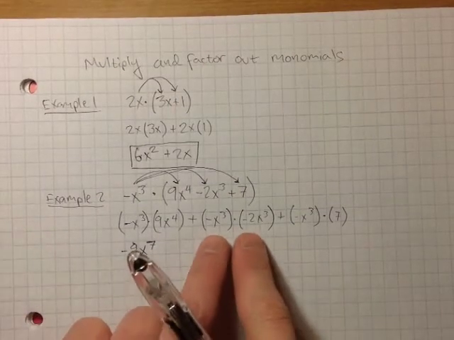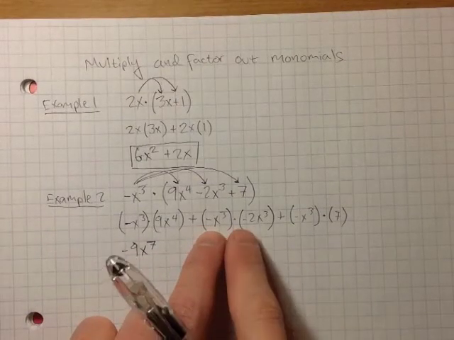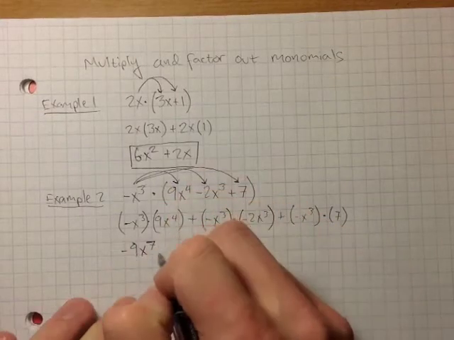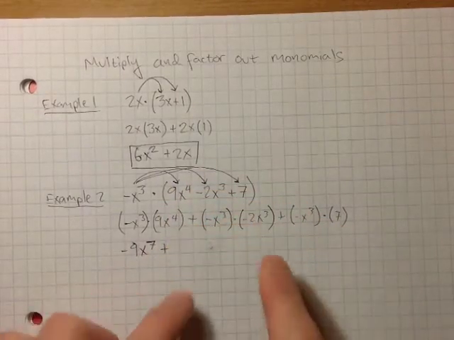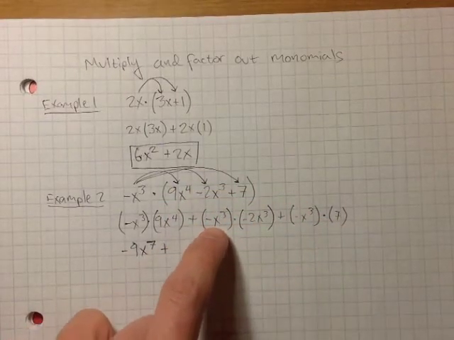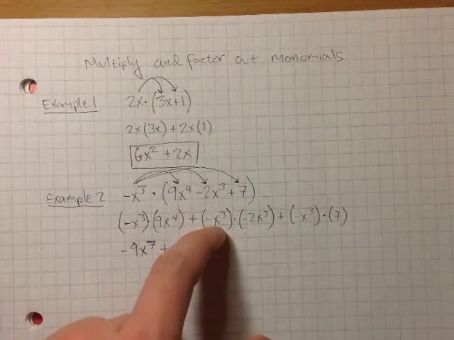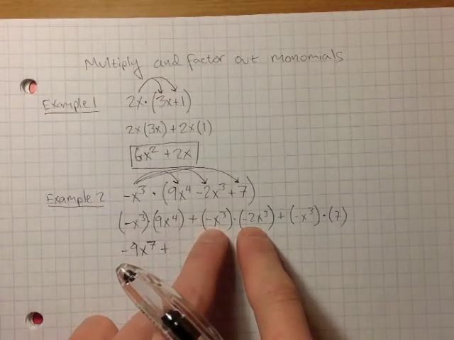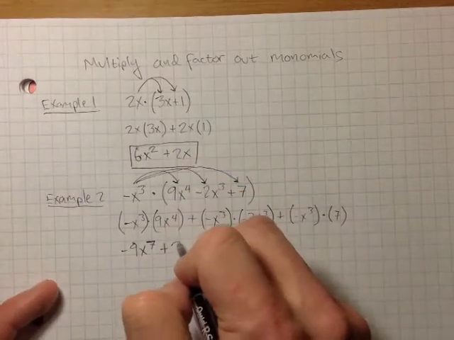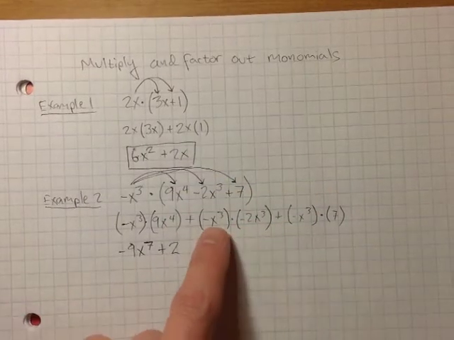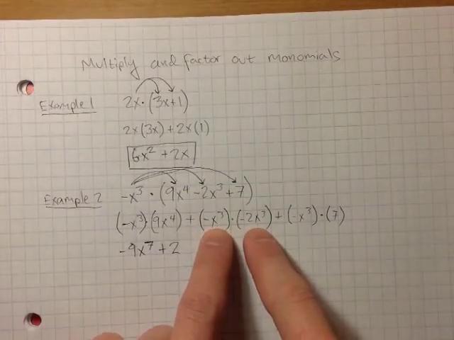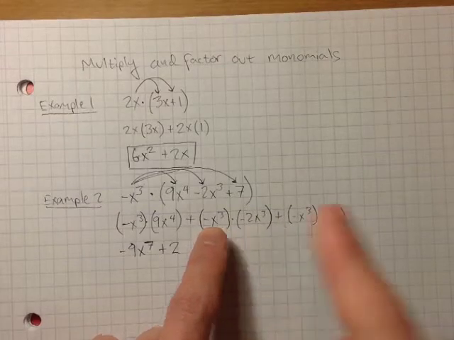Now let's look over here. Here we have a negative multiplied by a negative, so the result is going to be positive. There's an invisible negative 1 here, times the negative 2 gives a positive 2. Now x cubed times x cubed, add the exponents to get 6.